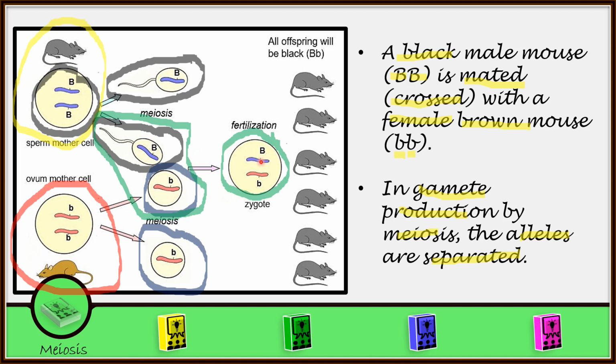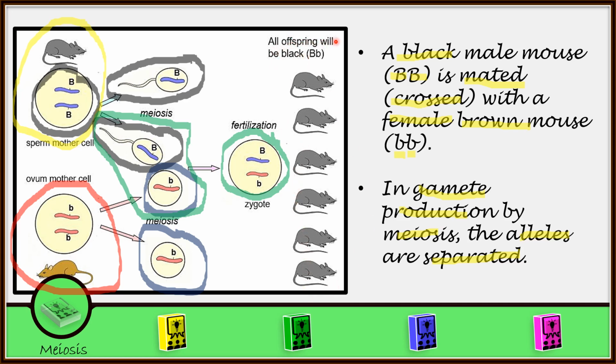And you will see that now we shall have a combination of sperm capital B, which is coming with capital B allele, and the ovum small b, which is coming with allele small b. And after fertilization, the two are going to unite, and we shall have a zygote with now alleles capital B and small b.